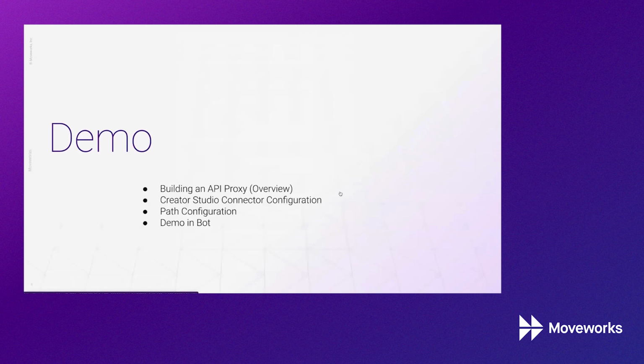So for our demo today, I'm going to give a brief overview of building an API proxy. The reason that this is important is that depending on the complexity of a given API, we may need to build an API proxy. That API proxy could be something that's written purely in code. So in today's example, we're looking purely at a Python file that we've written to get the behavior that we need to make this use case function properly.